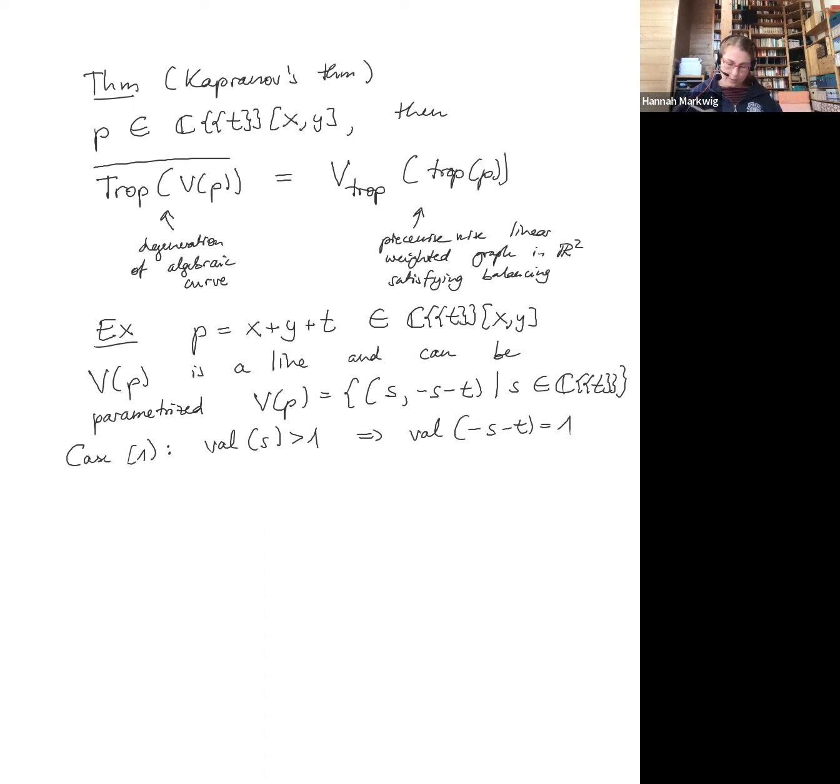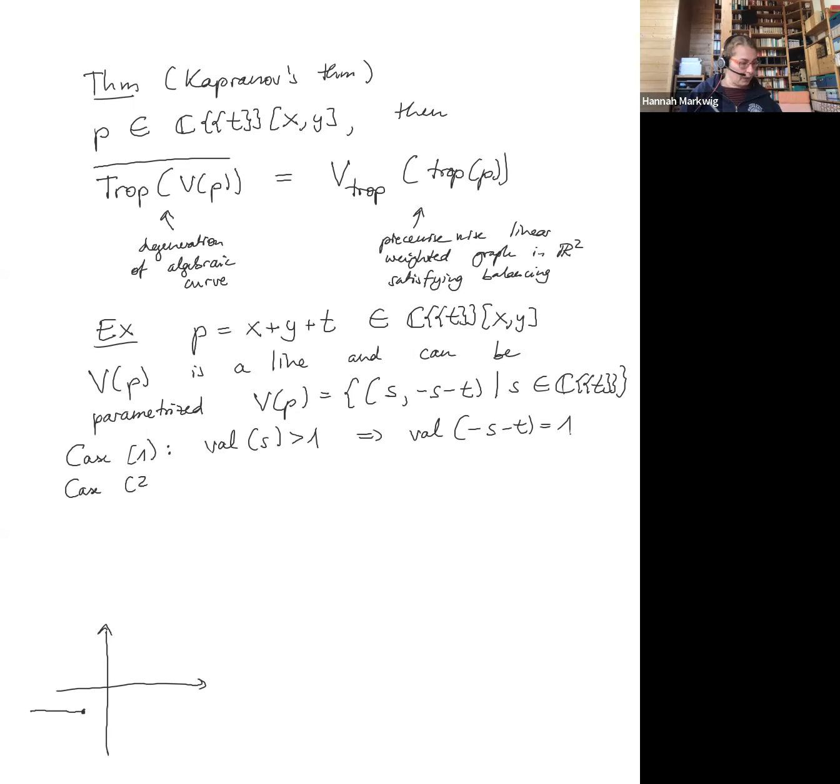And now we have to think of the minus signs. We have to take the minus signs into account because we're mapping a point (s, -s-t) to minus val of s, minus val of -s-t. So minus val of the second component is going to be minus 1. And minus val of the first is smaller. So we obtain a ray pointing from minus 1 to the left.